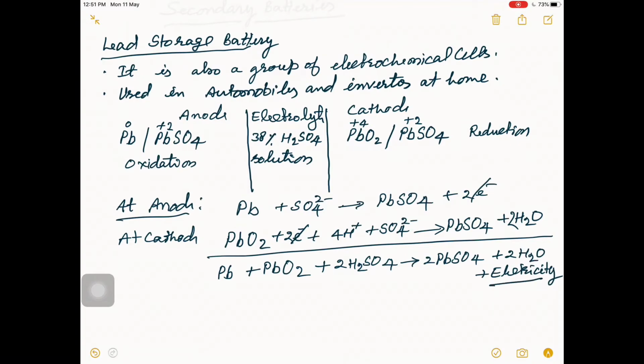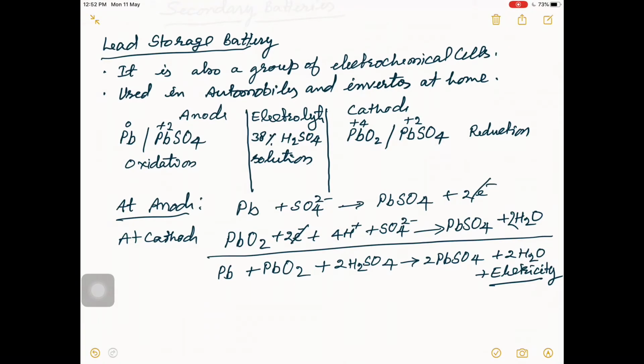This water will change into water vapor when it is used for a long time. So water is added in these cells, and this is a secondary battery. The lead storage battery is a secondary battery. This can be recharged again.